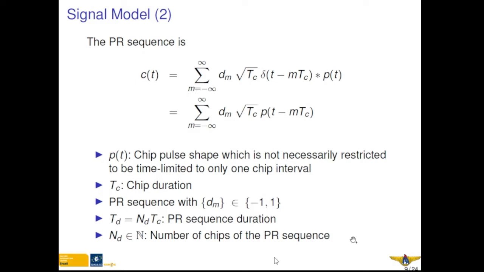So we have a pulse shape which is not necessarily restricted to be time limited to only one chip. So we have maybe inter-chip interference also of these pulse shapes. Then we also have here Nd, which is the number of chips per PR sequence, because the PR sequence has a certain period and is repeating over time.